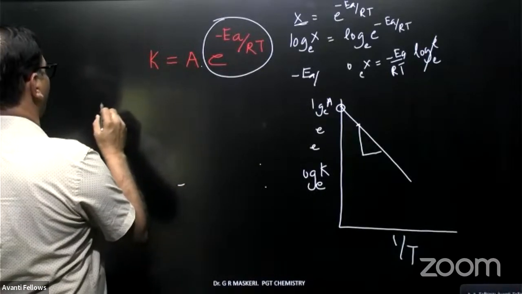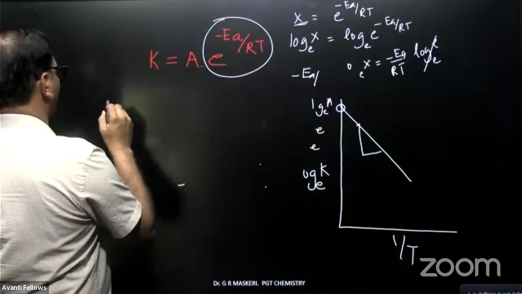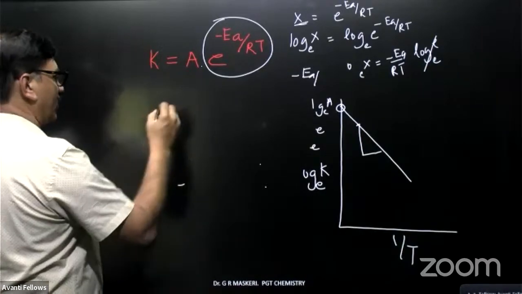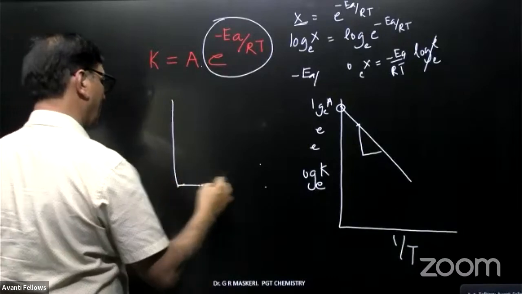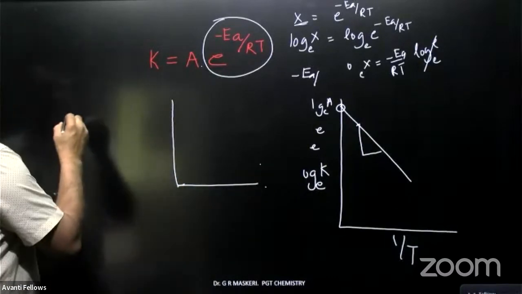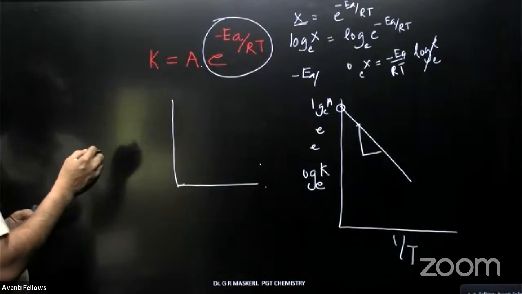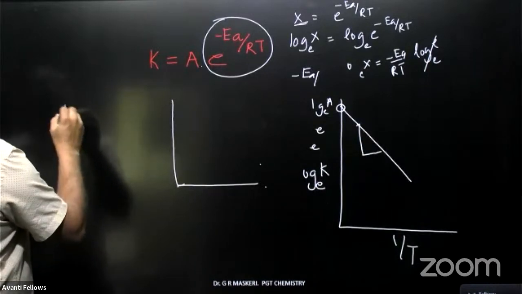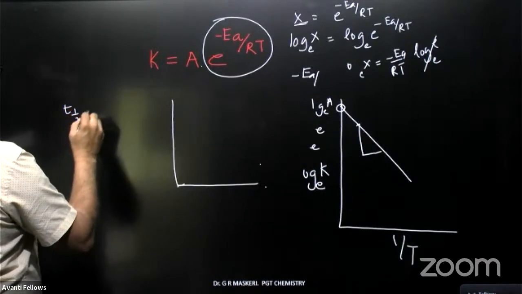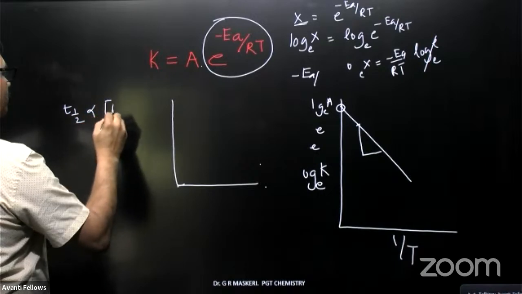Now, how do you draw? If you want to draw, I would like to suggest how you can apply that. Suppose you want to draw the graph of T half versus R naught.